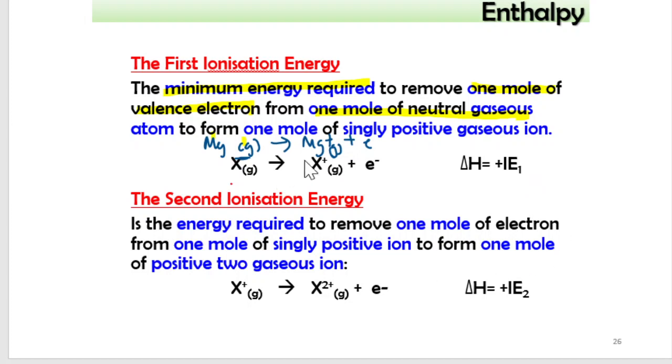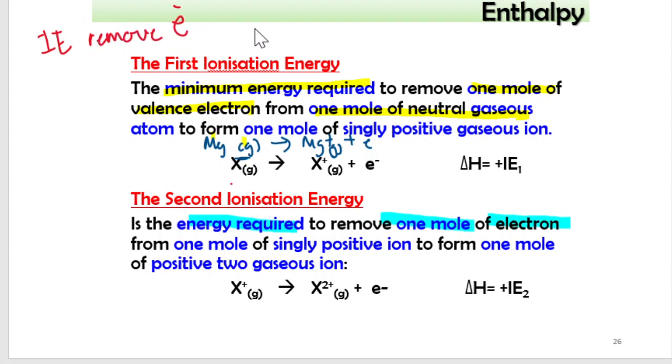Okay, so the next one is second IE. So untuk second IE pula, it is energy required to remove 1 mole of electron. Masih lagi removing electron. Kalau electron affinity tadi, if you realize, dia adalah gain electron. So kalau IE, remove electron.